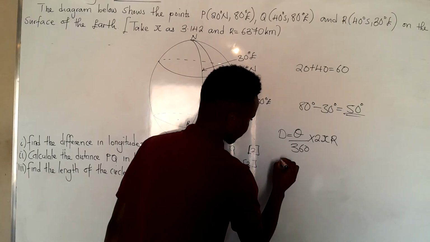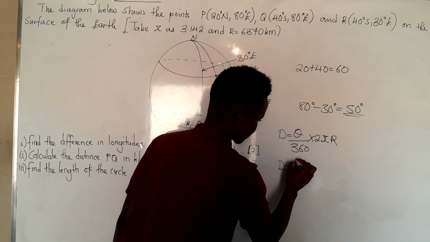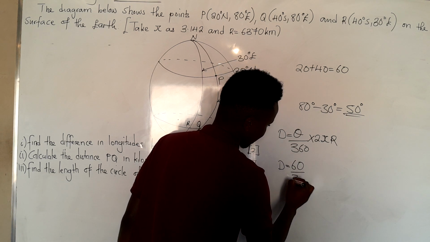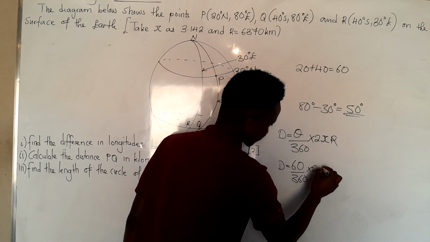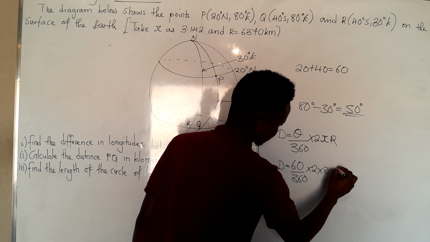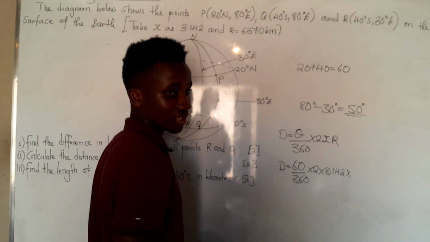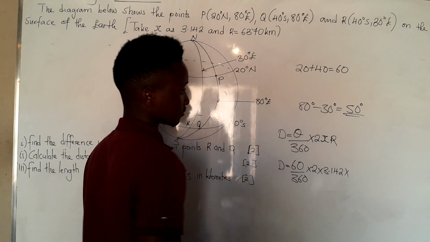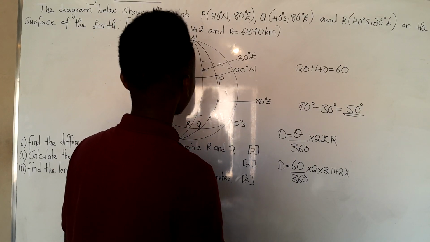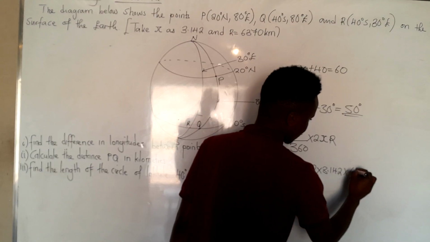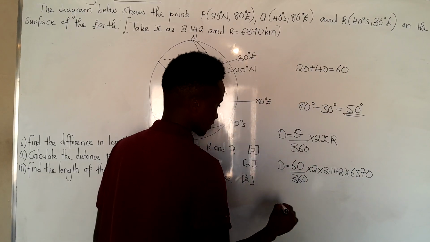What is our theta? We are saying that our theta is 60 divided by 360 times 2 times 3.142 times r. So pi r will always be given. The only thing that you need to find is the theta. So what is our r? Our r is 6370 because they want the distance in kilometers.